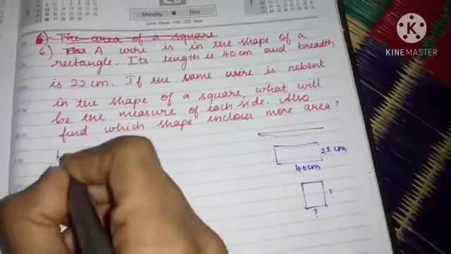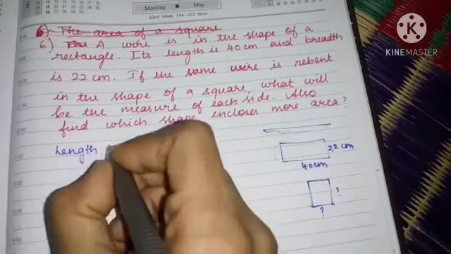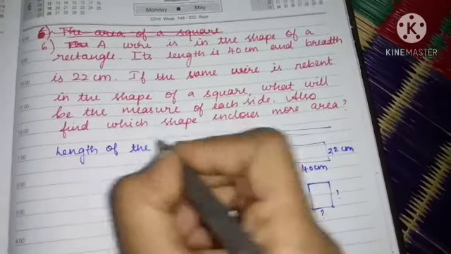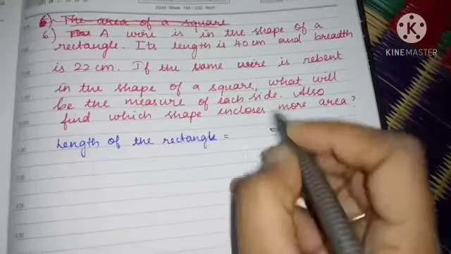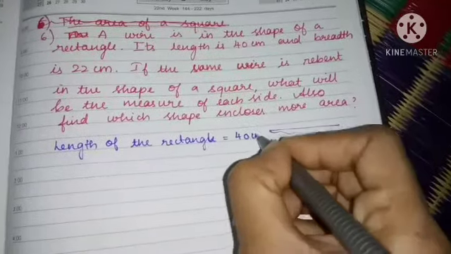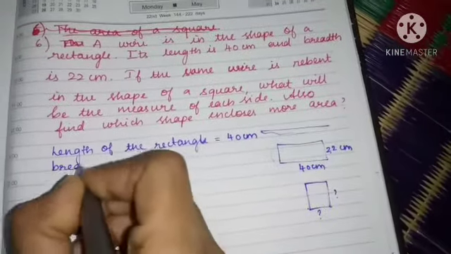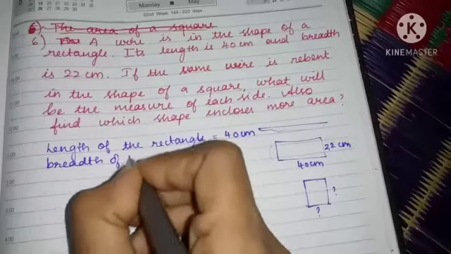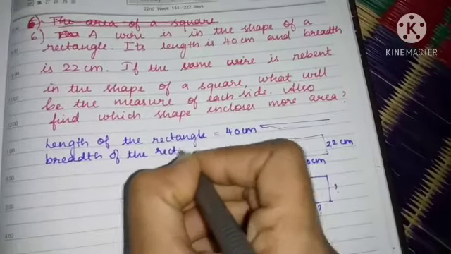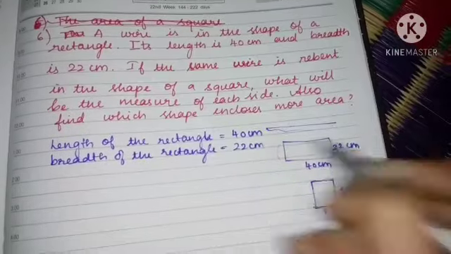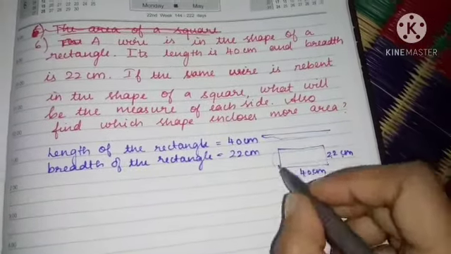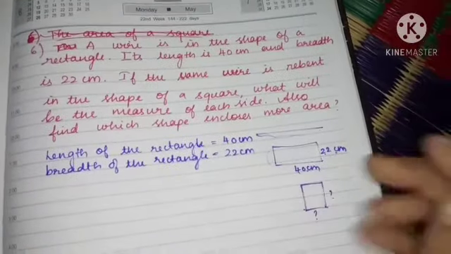So first, the length of the rectangle is how much? 40 centimeter. Then the breadth of the rectangle is how much? 22 centimeter, correct? This rectangle is actually formed using the wire.